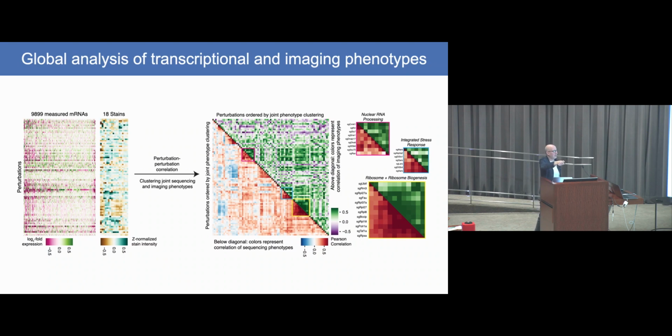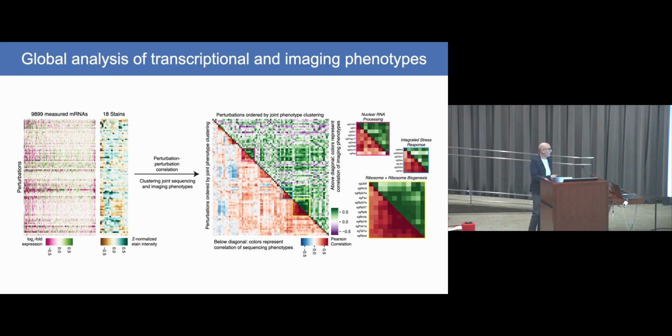And you can see that there are clear similarities between the two, but there are also strong differences. Some things are picked up much better by the imaging, and some things are picked up much better by the sequencing. Again, hinting at the value of having these multimodal measurements.